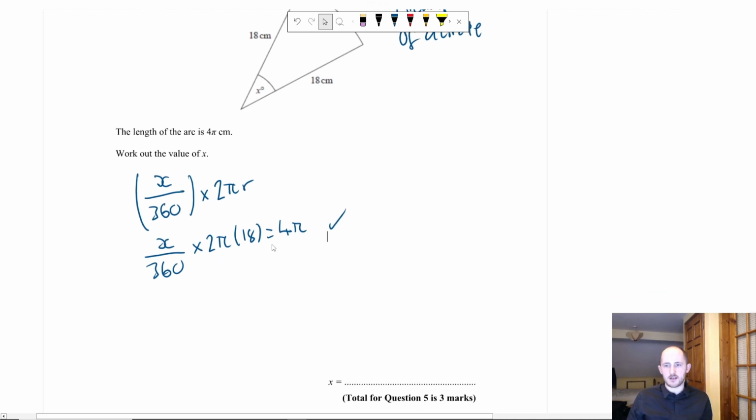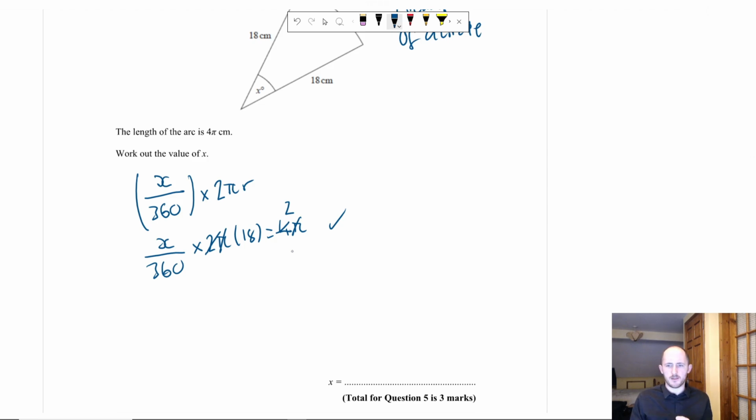Now, here, I can do some pretty interesting algebra. Well, useful algebra. First of all, since there's pi in everything, I can cancel out pi from both sides. Okay? I can also divide both sides by 2. So that simplifies my equation a little bit.